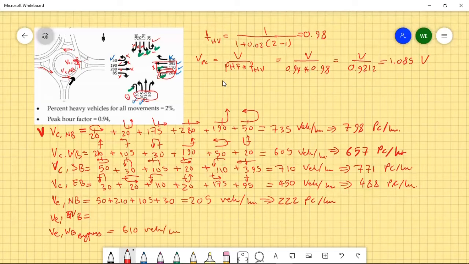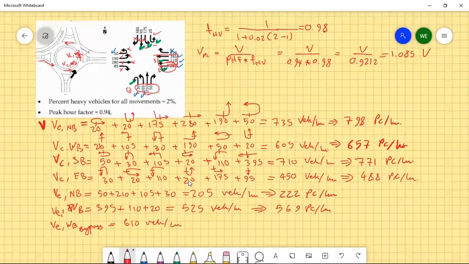And here it's going to be 395 plus 110 plus 20 equals 525 vehicles per hour, which is how many passenger cars? 569 passenger cars per hour.